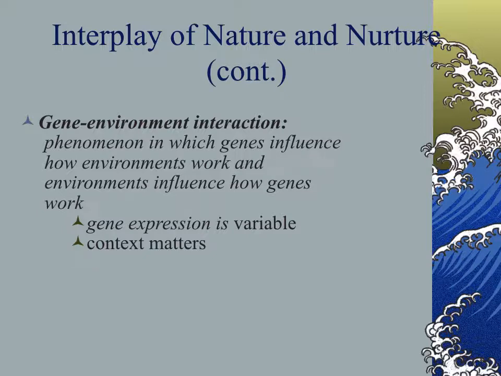So if we find ourselves in an environment where that gene is able to express itself, like extroversion, then it does. Where it doesn't express itself, or doesn't have the opportunity to express itself, then we don't get to observe it, right? So there's an interplay there between our environments and our genetic sort of encoding.